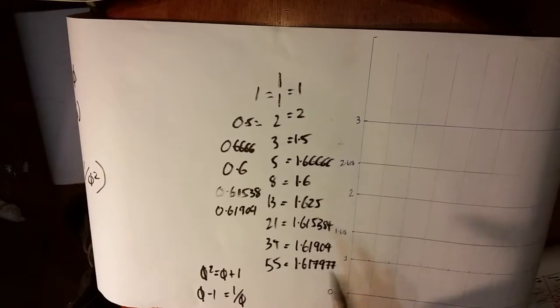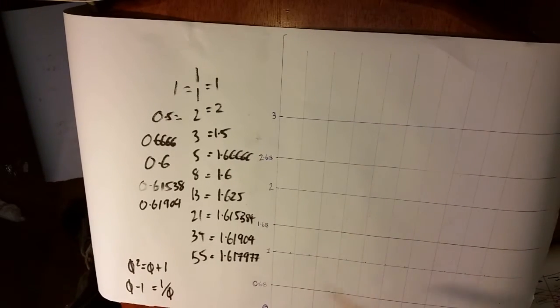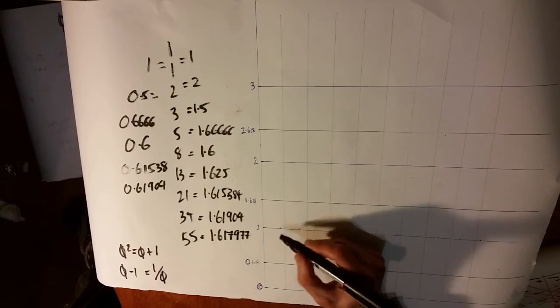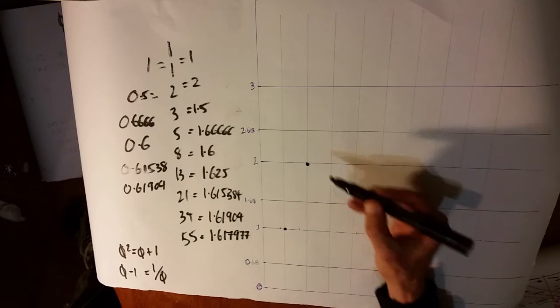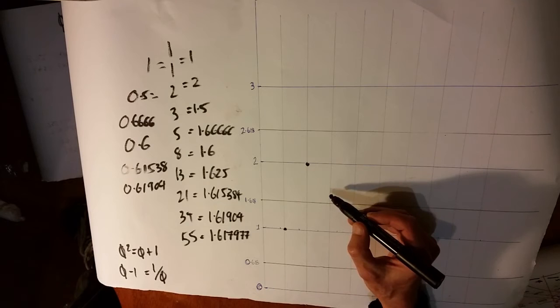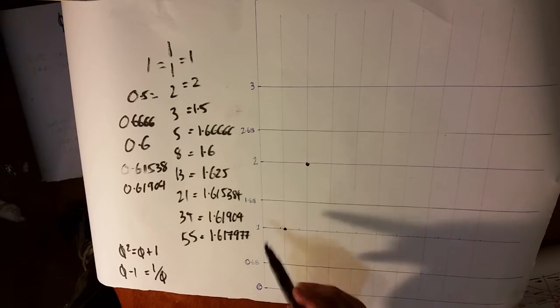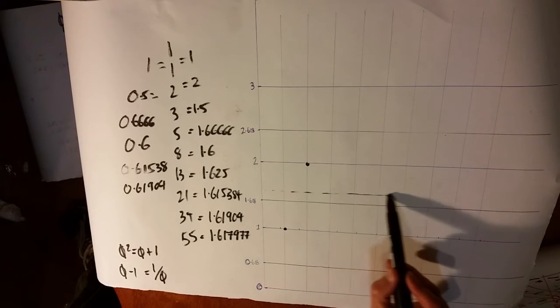And that's the same thing that's happening here using the Fibonacci numbers. Now let's plot it out. We begin with the first one, 1. The next one is 2. Then we have 1.5. This line actually shouldn't be there, it should be roughly there.